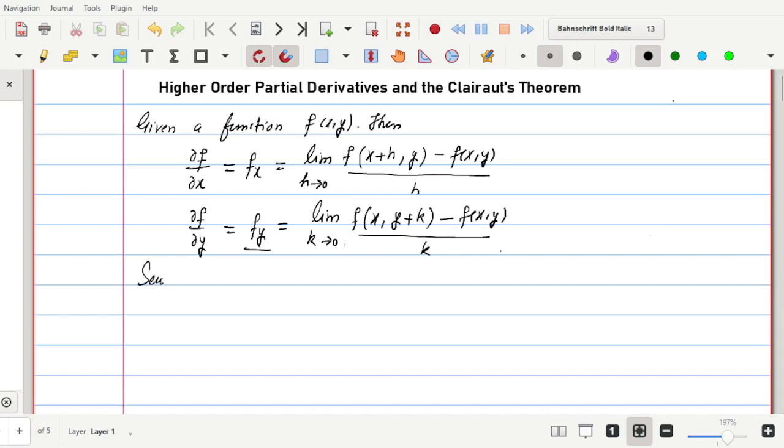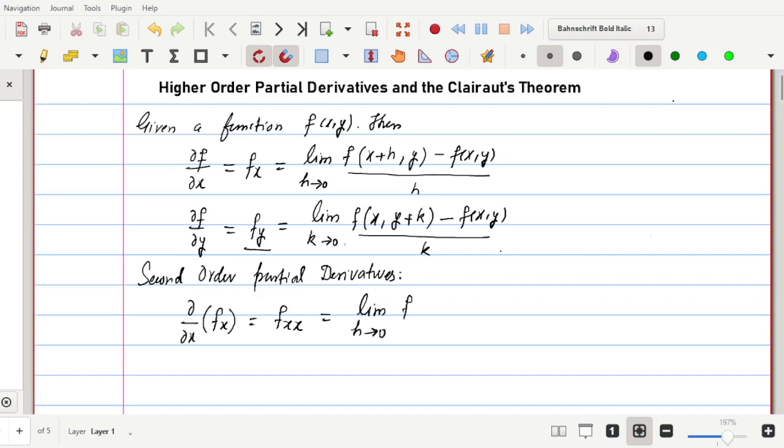So we have here the second order partial derivatives. First of all, we take a second order partial derivative of f with respect to x, which is defined as del by del x of fx. This can be written in the notation fxx, defined as the limit as h tends to 0 of fx at x plus h, y minus fx of x, y, whole divided by h.